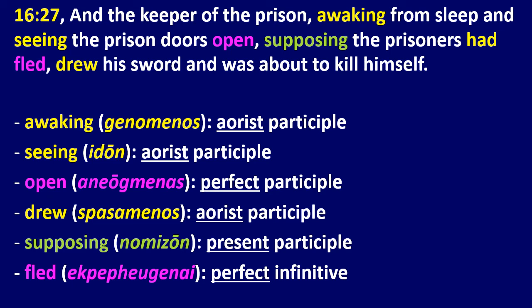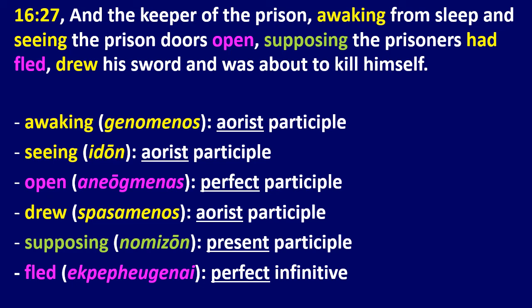So when the perfect tense occurs, it stands out more. We're going to see that it occurs only 3 times in this whole section that we're reading in verses 25 through 34. Here we have 2 of those 3 uses, where the door is open, and he supposed that the prisoners had fled. And when you read that, by the way, had fled, the word had should be in purple as well.